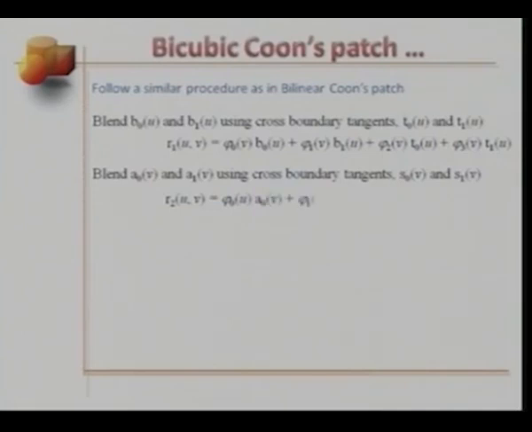R2 of U and V is equal to phi 0 now is going to be a function of U times A0 of V plus phi 1 of U times A1 of V plus phi 2 of u times S0 of V plus phi 3 of u times S1 of V.